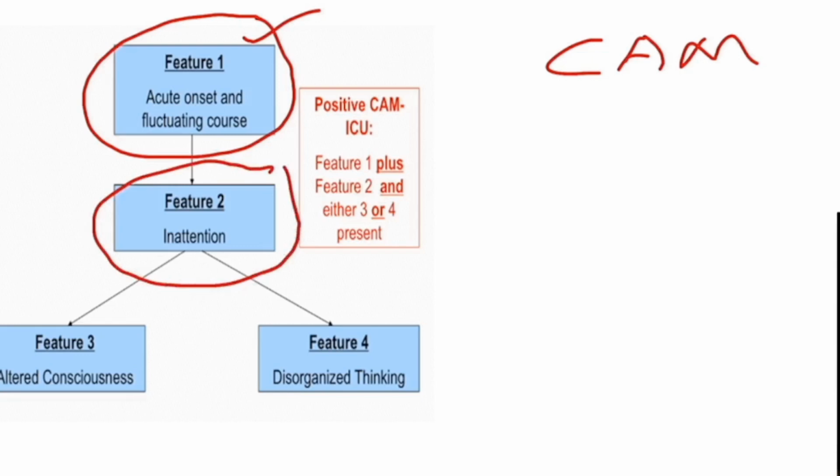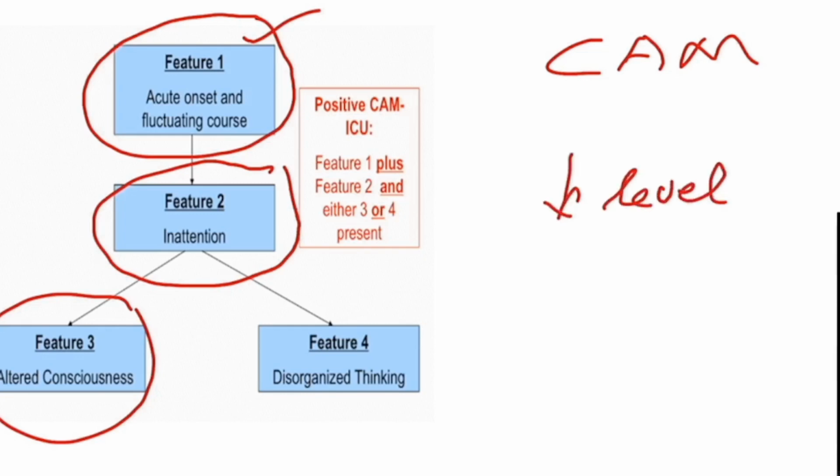And two more features are there. One is sufficient. Either there is an altered consciousness, which means it can be a decreased level of consciousness, or the patient may be agitated.